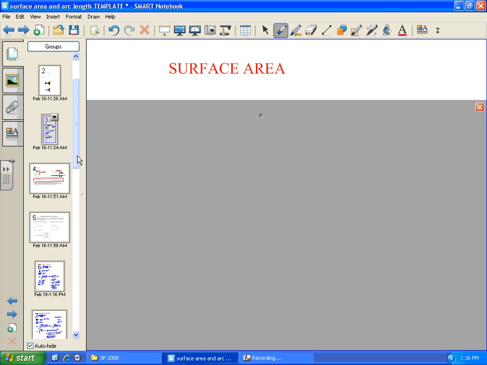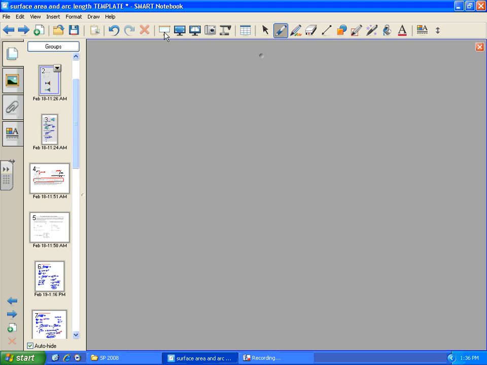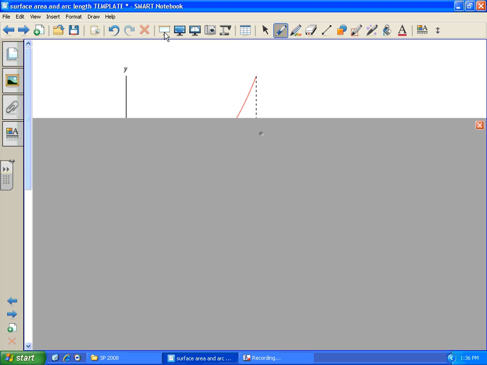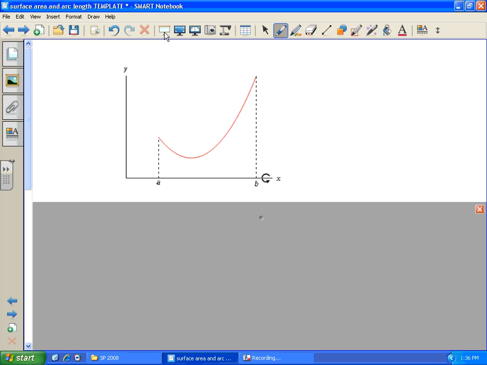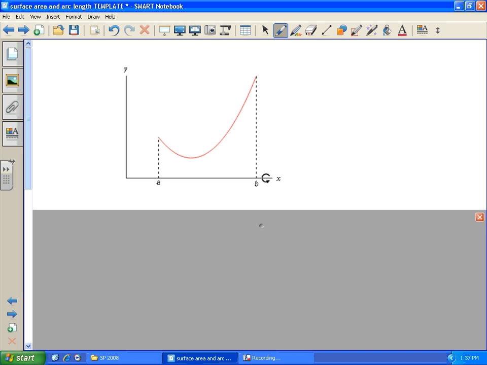Just like the last two sections, in this section, we're going to find the surface area of a solid of revolution. And to do that, we start with a function, say y equals f of x. We rotate it around the x-axis or the y-axis. Let's say that we rotate it around the x-axis for this example. This one's just a demo. Just look at it. We're going to derive the theory in a minute.